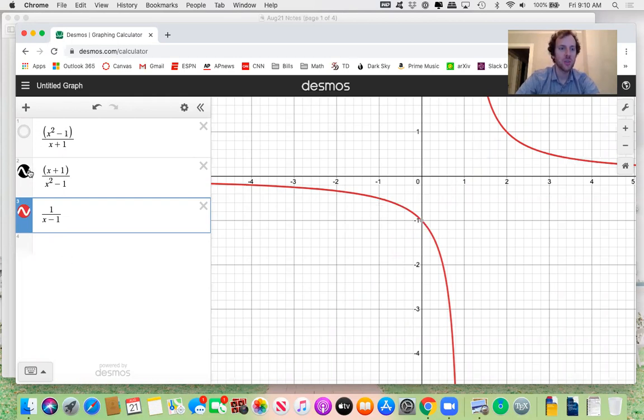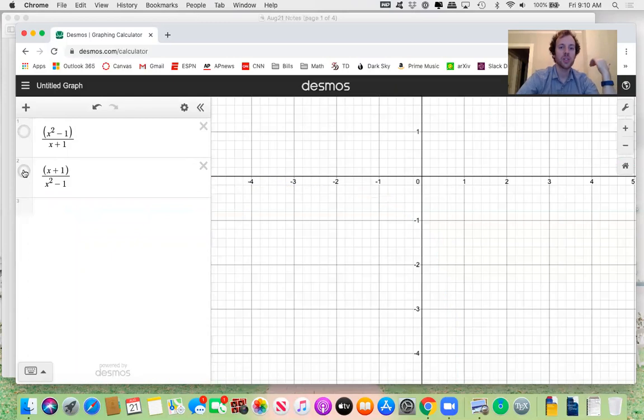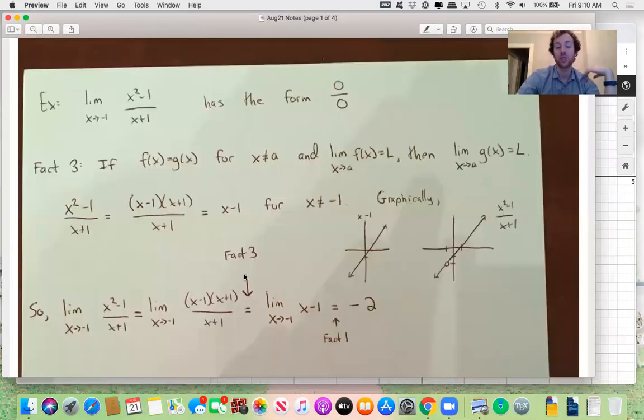So these two functions have the same 0/0 form, but they have really different behavior. So that's the indeterminateness. 0/0 tells you nothing about what's actually happening with the function. You have to do some extra work.